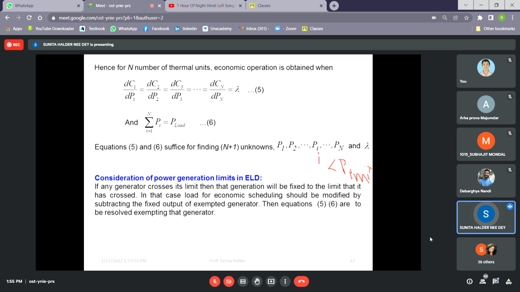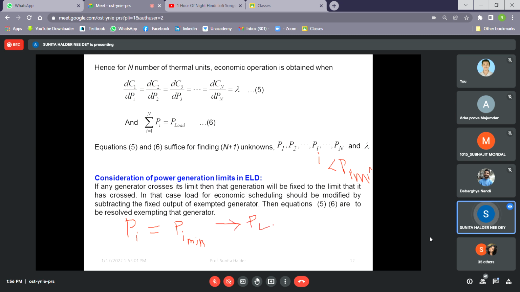But this economic load dispatch solution is suggesting that we can get the minimum cost if the generation of the ith generator is less than Pi min. But it will not be possible. In that case, we shall make the generation Pi equal to Pi min, because it is suggesting it should be less than minimum, but we cannot go below minimum. So we shall fix it there. Then what will be the remaining load?